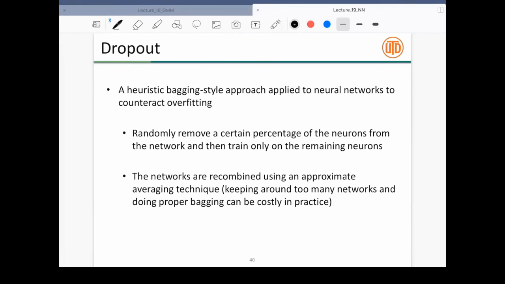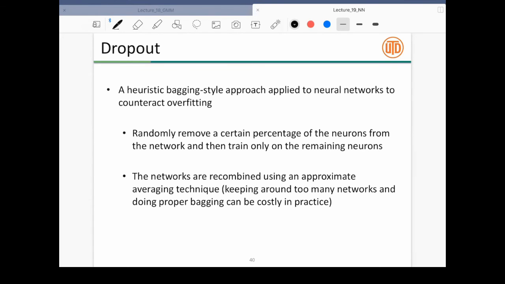Yes, yes. So basically, the neurons that we are not considering are random, right? So when we come to the next epoch, we will be selecting a different random set of neurons, right? And there is a certain parameter which is the dropout percentage.